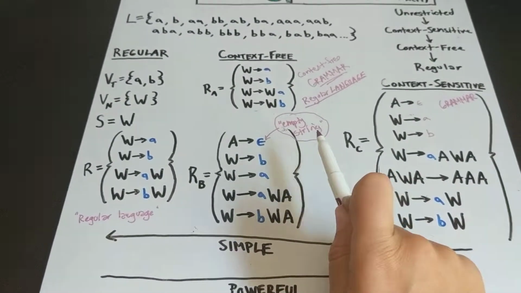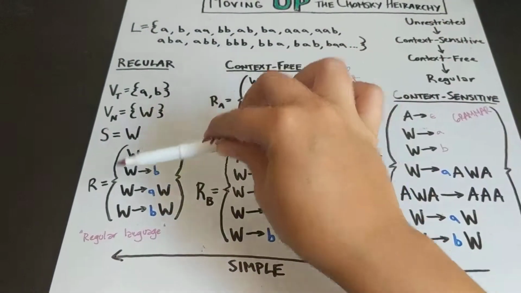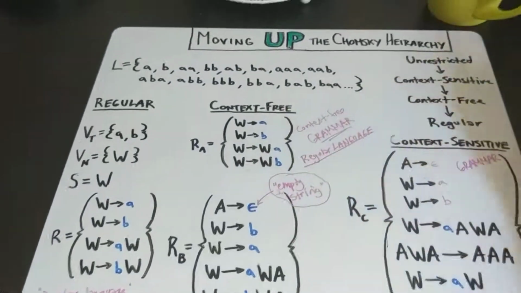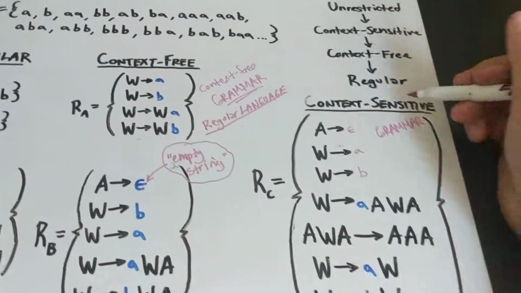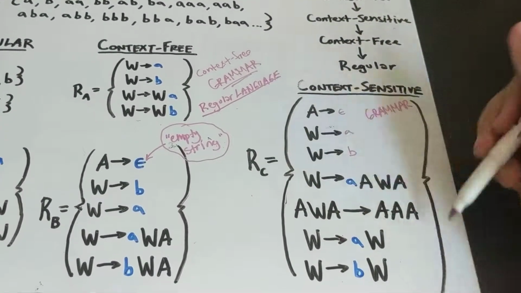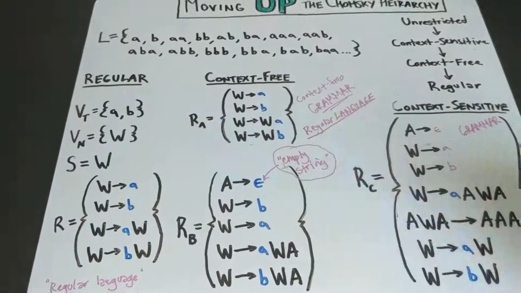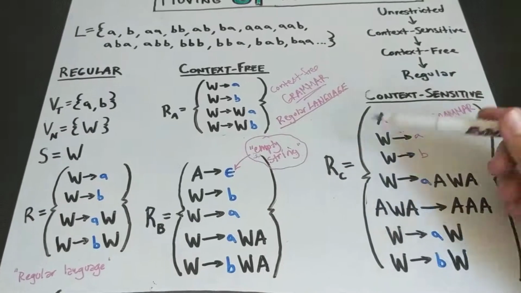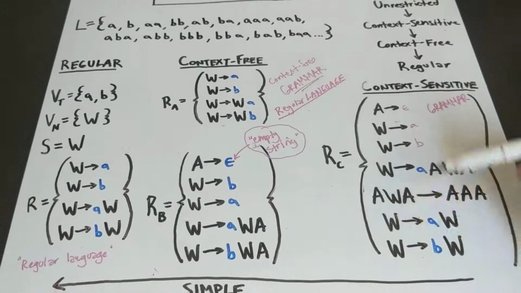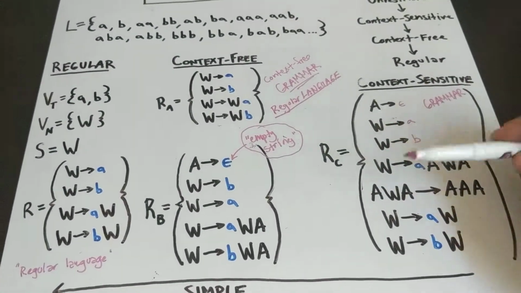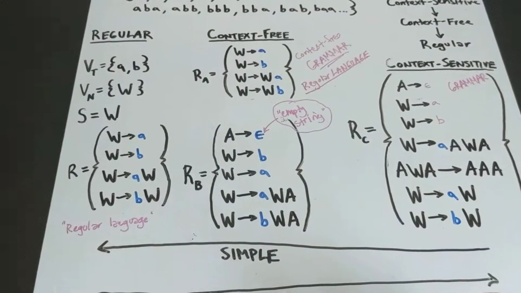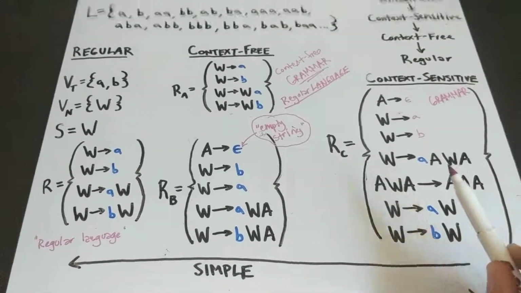Whether or not you can move down is going to be the question that we're asking a lot. In some cases you receive a context-sensitive grammar for a regular language, and in other cases you receive a context-sensitive grammar for a context-sensitive language. And we want to know how much less thinking we can do given one of these grammars.